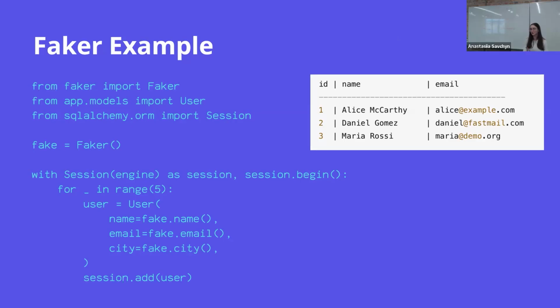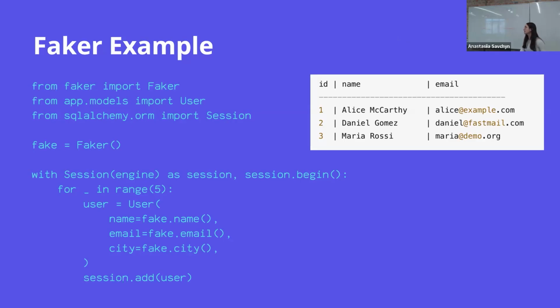It fakes random data and creates records for you that you can use. This really easy and short example shows that we can create a user and use Faker to insert a random name, random email, and random city.